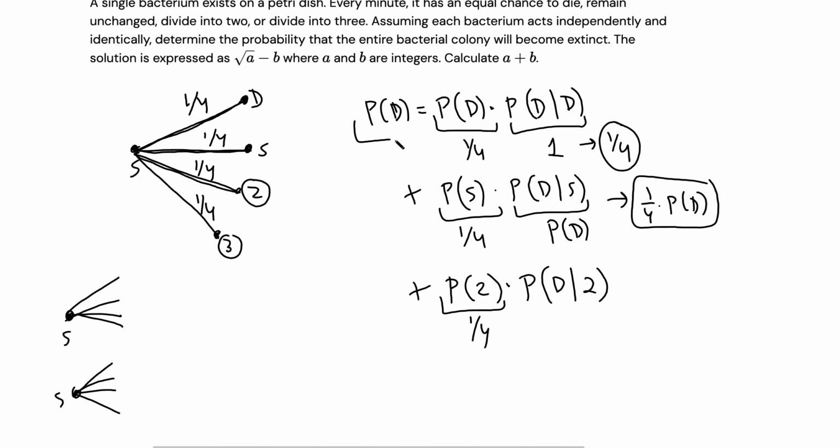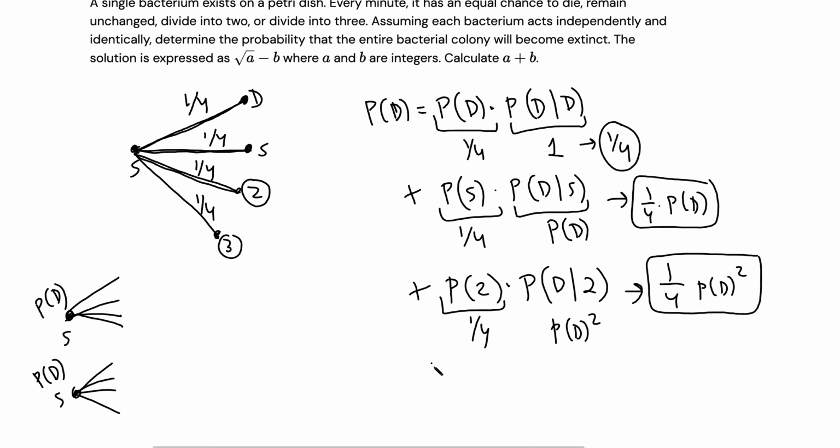P of D is defined to be the probability that the colony dies given that it's at the starting state. So the probability that the first colony dies is P of D, and the probability that the second colony dies is also P of D. Therefore, for them to both die, it must be P of D squared. So this becomes 1/4 P of D squared.